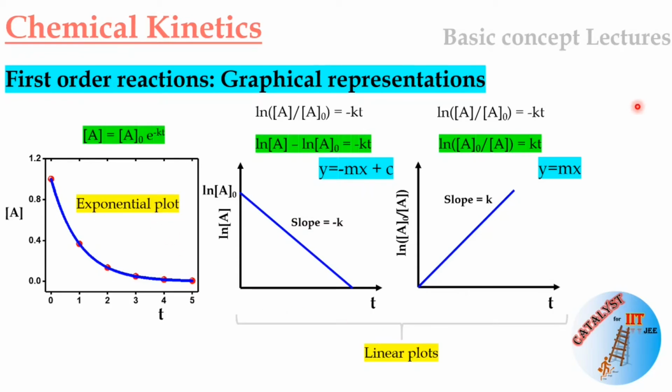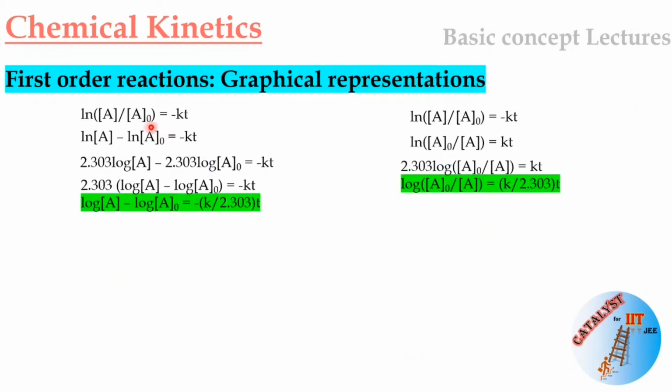Now let us look at a similar kind of equation, but with log, not ln. What we have learned is that if you want to convert ln to log, you need to invoke this 2.303 factor. If you start with the equation ln A minus ln A naught equal to minus kt, and write it in terms of log, you just need to add the 2.303 factor along with log.